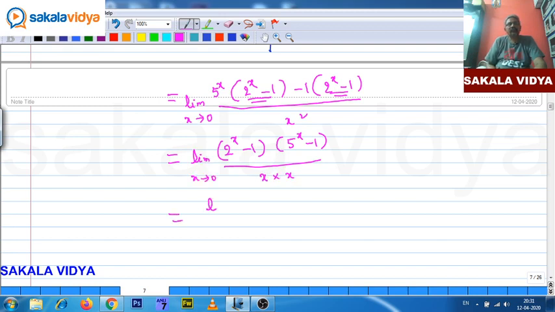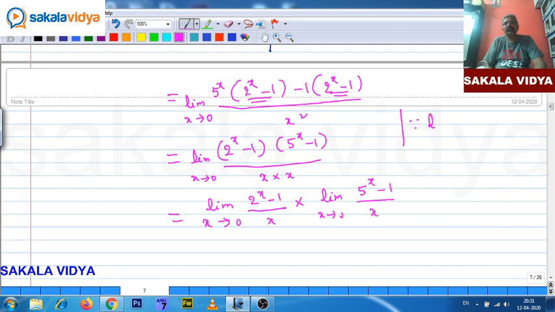So, now we can separate it as a product of two limits. Limit x tends to 0, 2 power x minus 1 by x, multiplied by limit x tends to 0, 5 power x minus 1 by x. So, we have one formula: limit x tends to 0, a power x minus 1 by x is log a.